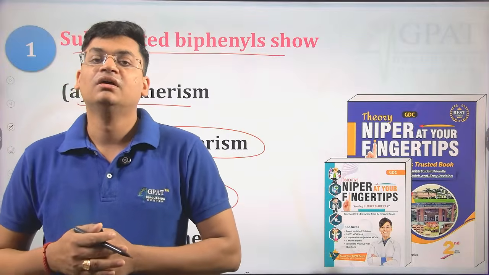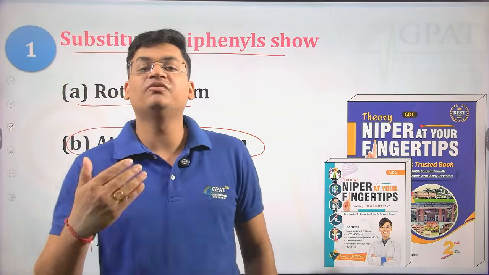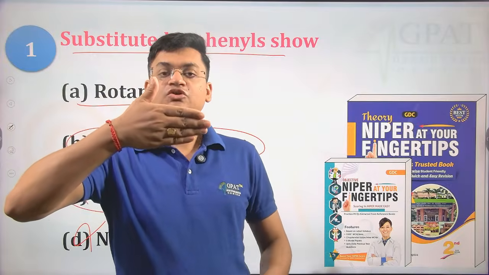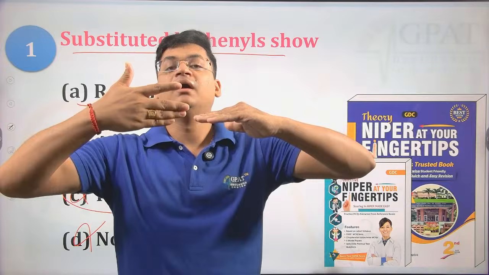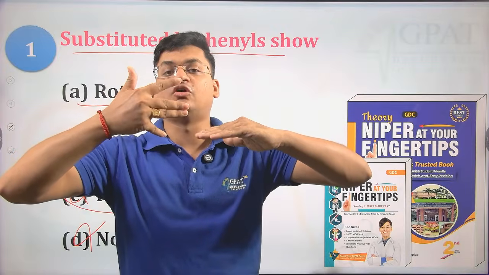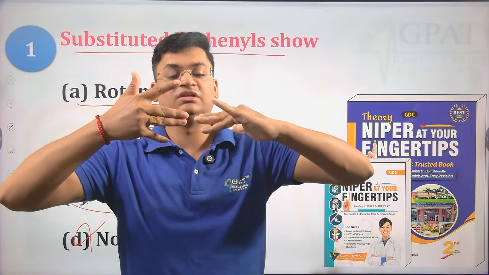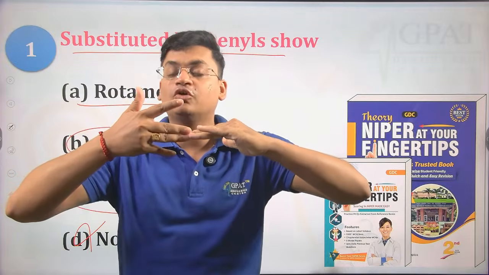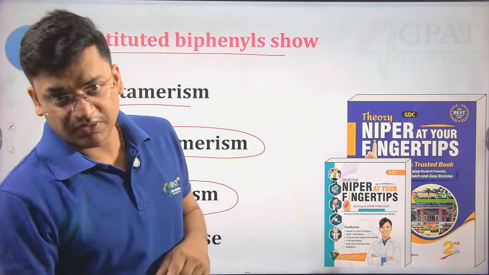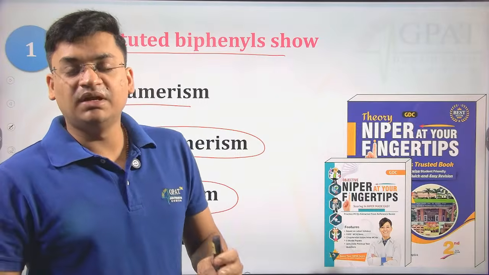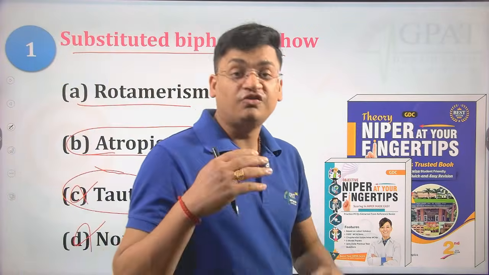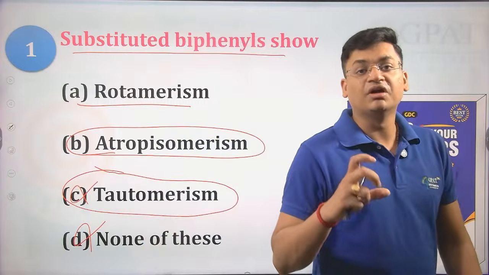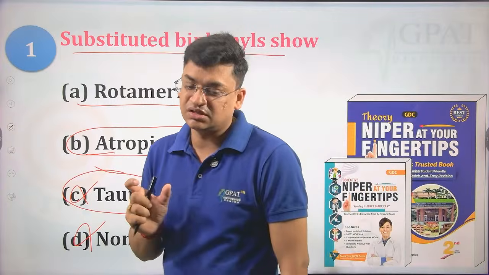Suppose one phenyl ring is in one plane, the other phenyl will be in a different plane because the bulky ortho groups are so repulsive. So the two phenyl rings lie in different planes, which is why there is restricted rotation around that single bond.